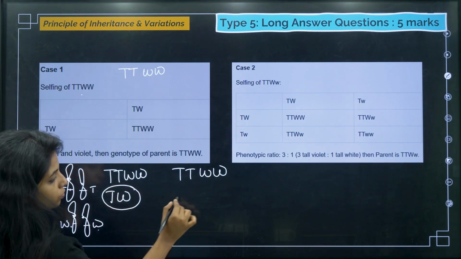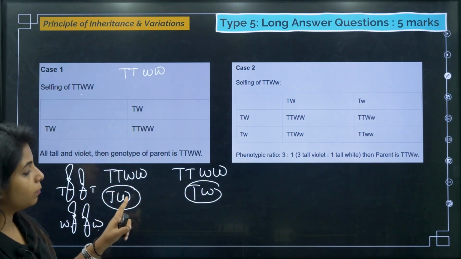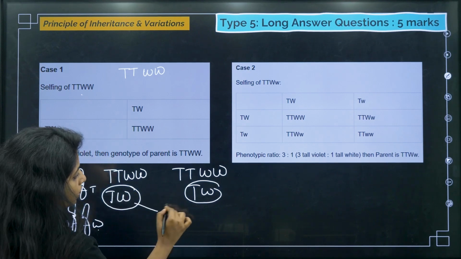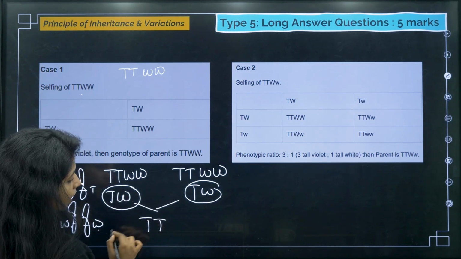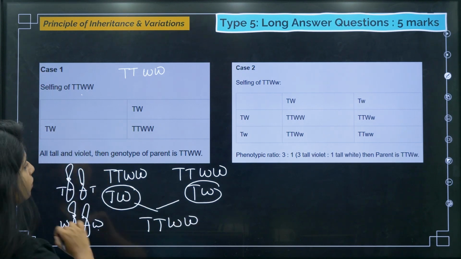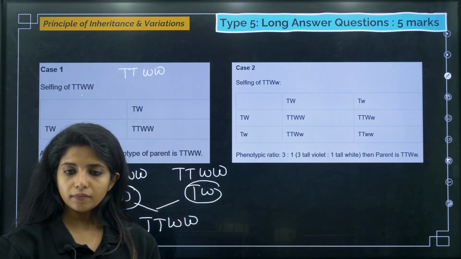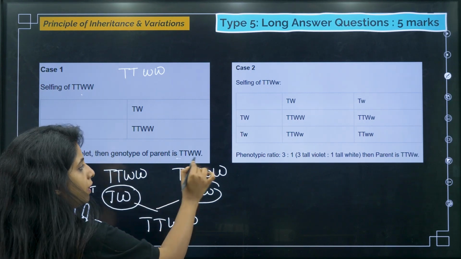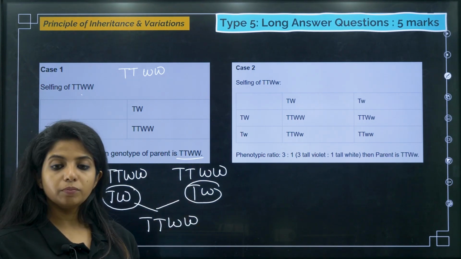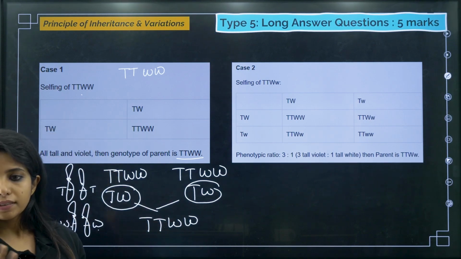This is a set of chromosomes, the gametes that you get, whatever you do, from one parent and another parent. When you cross, all of them will be capital T, capital T, capital W, capital W. So all of the children have the same genotype, 100%, it's 1. Phenotype is also 100% similar. They are 100% same.